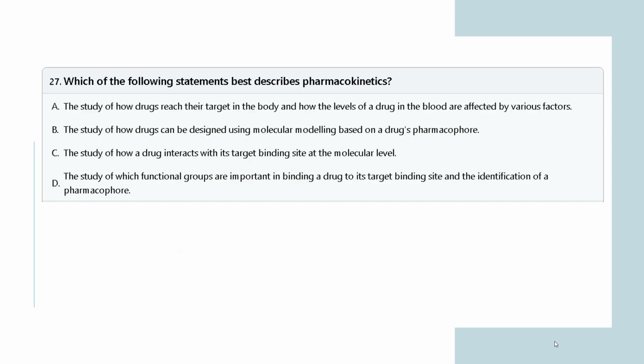B: the study of how drugs can be designed using molecular modeling based on a drug pharmacophore. C: a study of how a drug interacts with its target binding site at a molecular level. D: the study of which functional groups are important in binding a drug to its target binding site and the identification of the pharmacophore. So what do you think best describes pharmacokinetics?